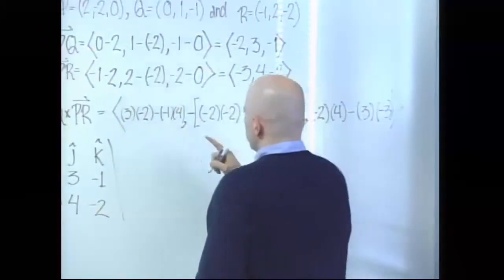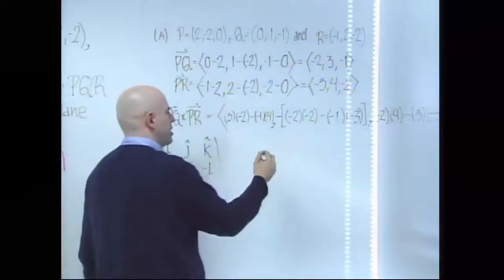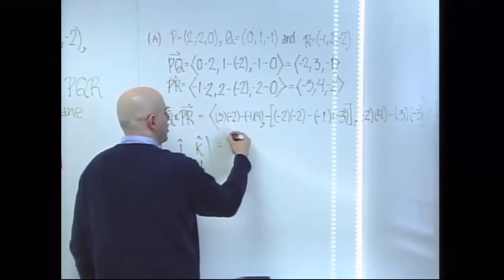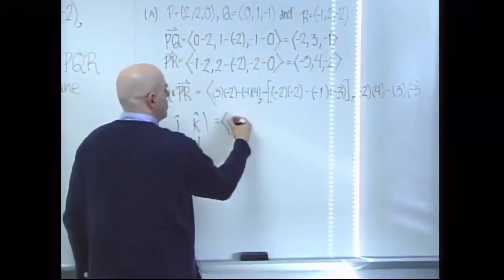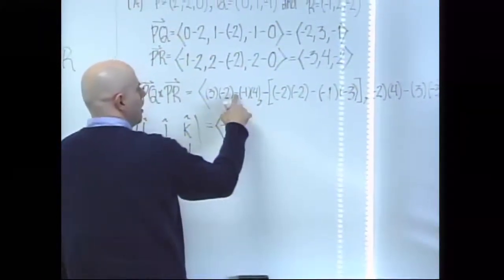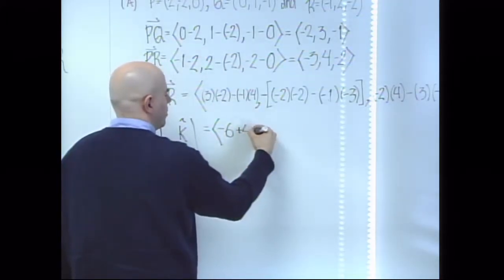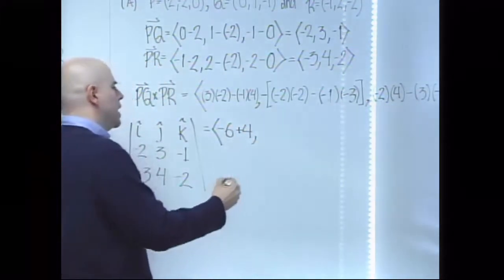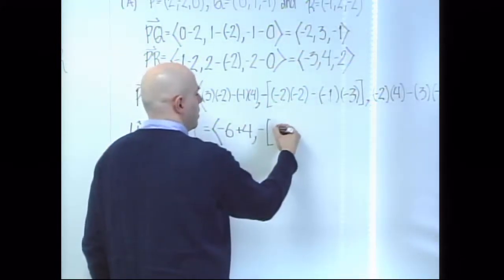I told you, you have to be very careful when computing these cross products, because you have a lot of signs that you can get really confused on. So here you have 3 times -2 is -6. You have -1 is +1, so you have +4. So the next one has a minus, so let me just keep the minus here. I'm going to try to be very careful with this sign.